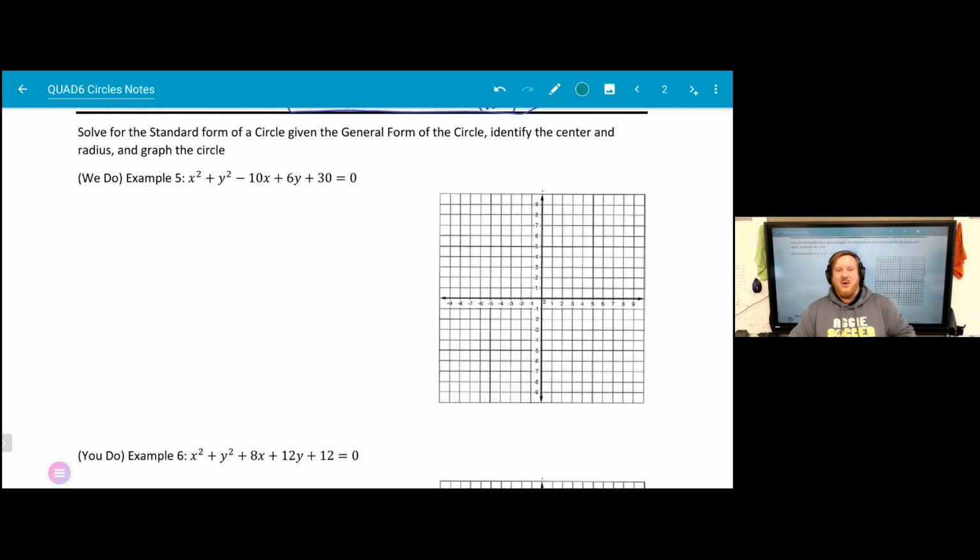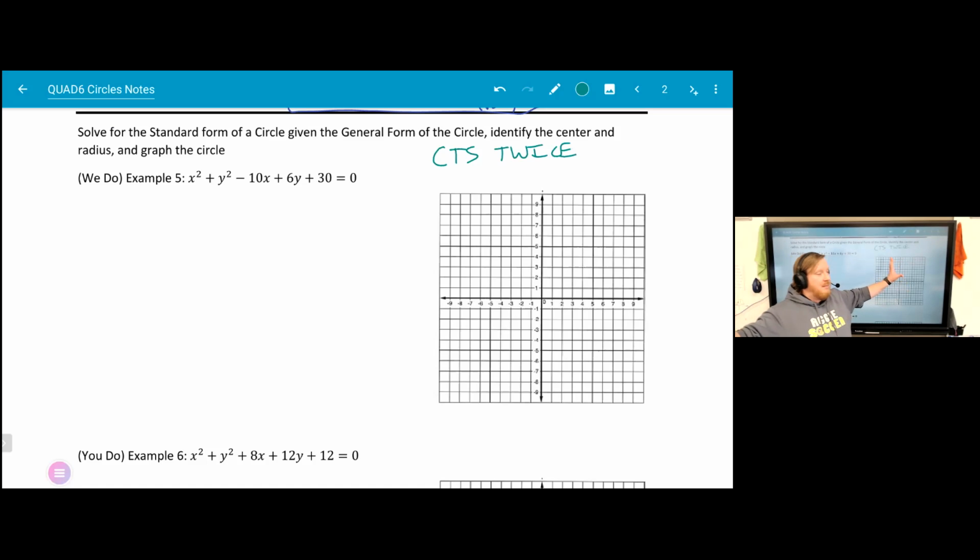Guess what we're going to do? Remember that quadratics business when we completed the square? We're going to complete the square twice to get it where we want it to be. It also asks us to identify the center and radius and graph the circle. So let's keep all those things in mind.